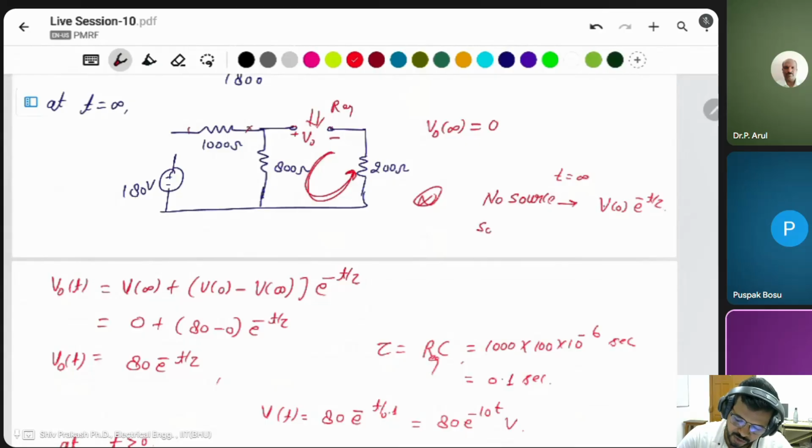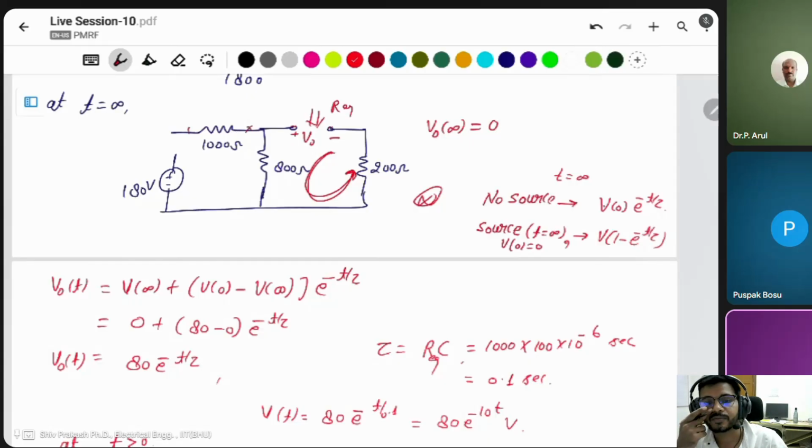If there is a source, okay, at t equal to 0, infinity, but voltage at 0 is equal to 0. There is no initial voltage. If there is no initial voltage, then there is a V applied voltage e to the power of minus t by tau. So write this type of equation.